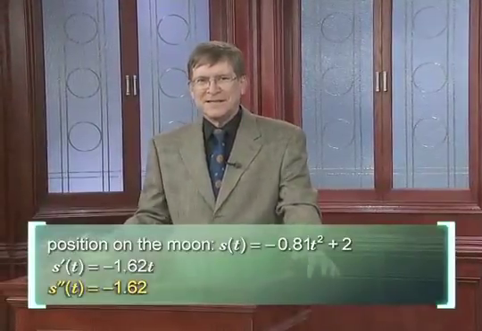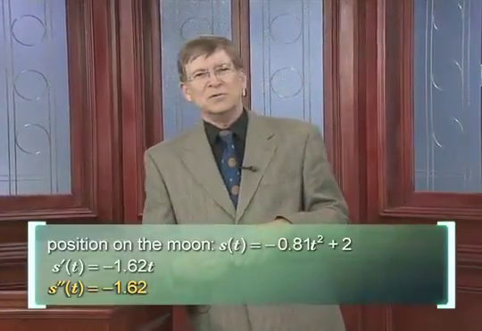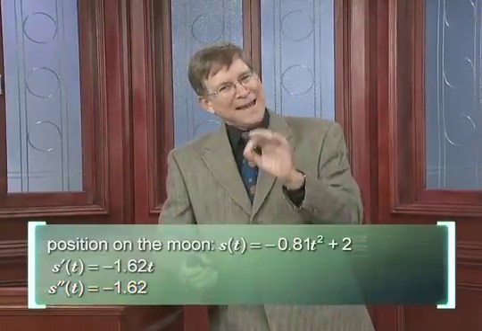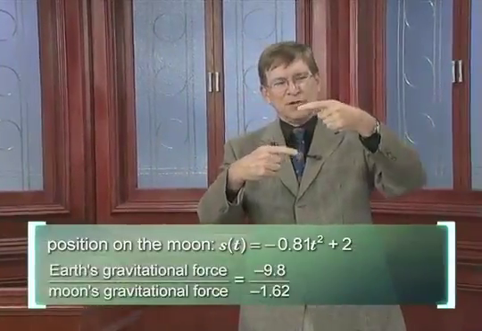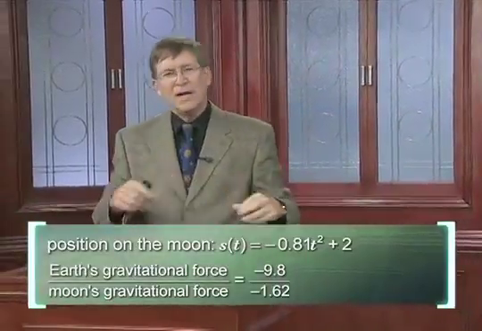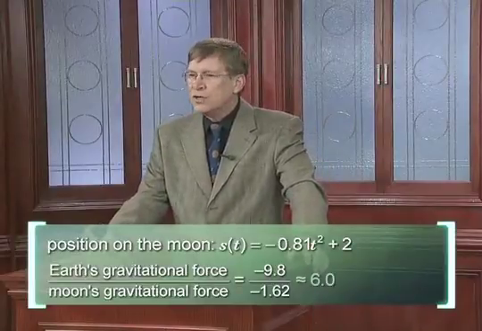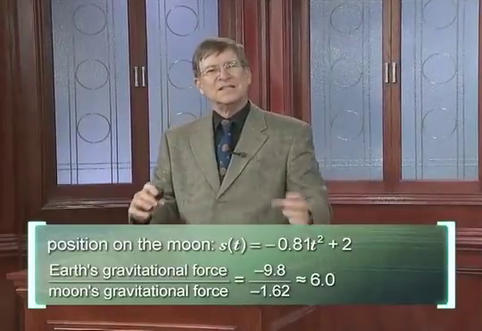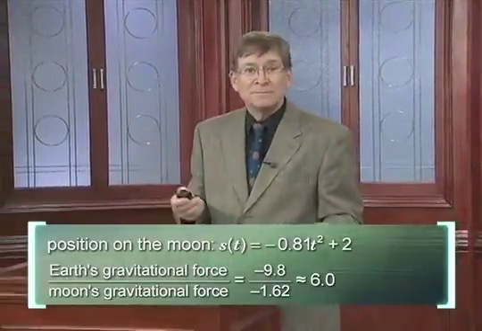The acceleration due to gravity on the moon is minus 1.62 meters per second squared, and on Earth it's minus 9.8 meters per second squared. Forming the ratio, Earth's gravitational force divided by the moon's, we get minus 9.8 over minus 1.62, which is approximately 6. So the Earth's force is approximately 6 times stronger than the moon's. Kind of interesting. Well, the moon's smaller.